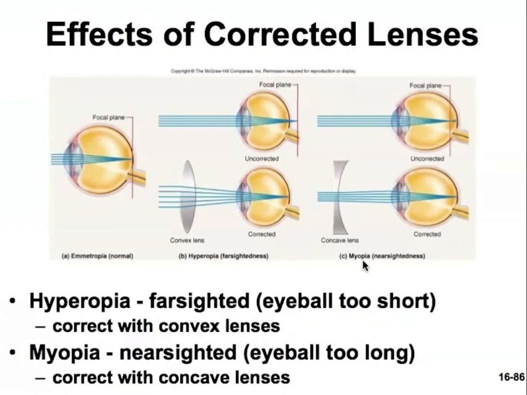Myopia, nearsightedness. Due to the longer eye, the image falls on some imaginary point in front of the retina. For correction, we use a concave lens to enable less bending and more push the image back onto the retina.